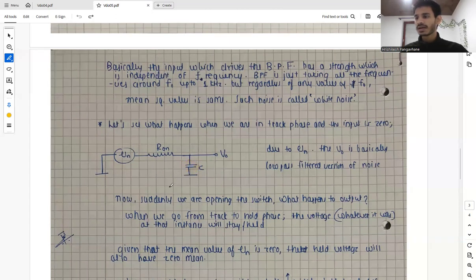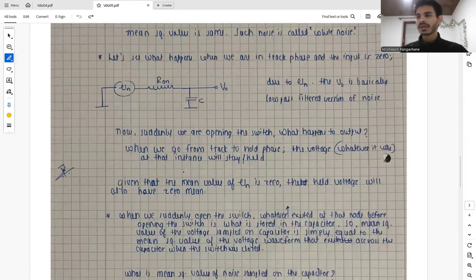Given that the mean value of Vn is 0, the held voltage will also have a mean value of 0. But when we suddenly open the switch, whatever voltage existed at this node before opening the switch is what is stored in the capacitor.